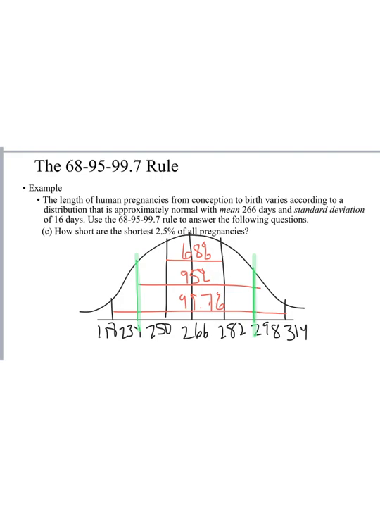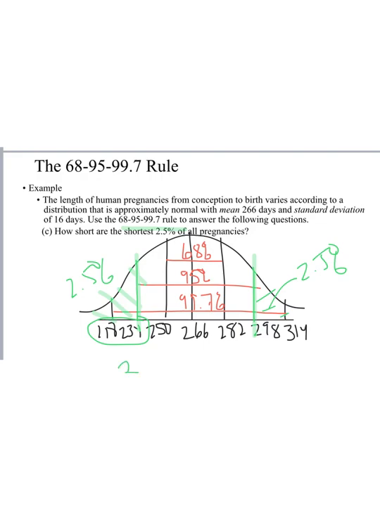So half of 5 is 2.5%, and this would be 2.5%, and this would be 2.5%. And if I want the shortest, I want this data right here.